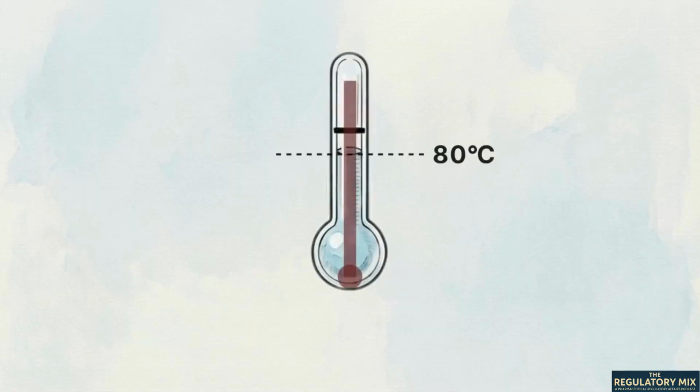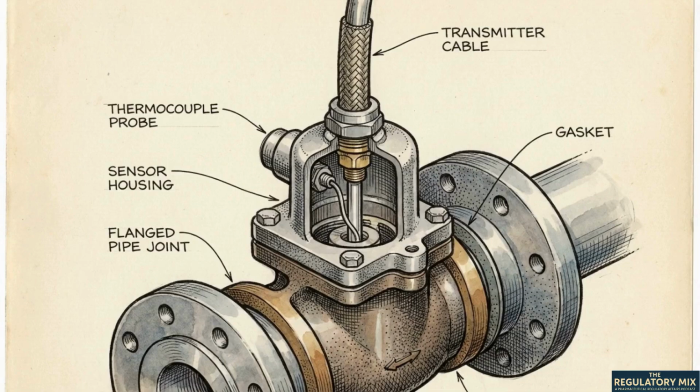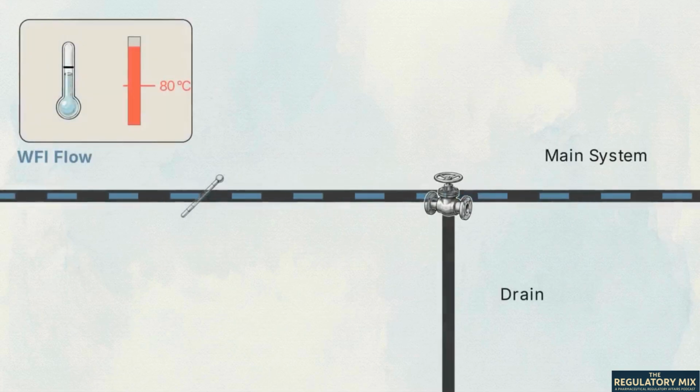If the temperature drops below 80 degrees, it becomes a high-risk GMP failure, as microbes can survive and multiply. The precise hardware demanded by this temperature risk is a temperature sensor cum transmitter installed directly at the system outlet. If that sensor detects a sub-80 degree drop, it triggers an automated valve to dump the WFI directly to the drain, physically protecting the rest of the system.